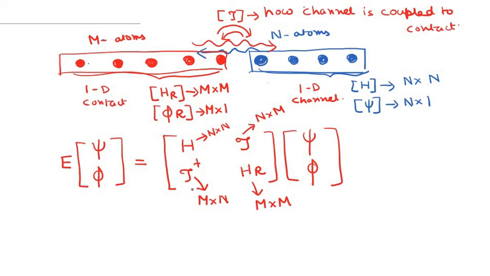So what our intention is, basically, is to remove this matrix HR by some equilibrium statistics of the reservoir. So what is the equilibrium statistics of the reservoir? Let me write it here.